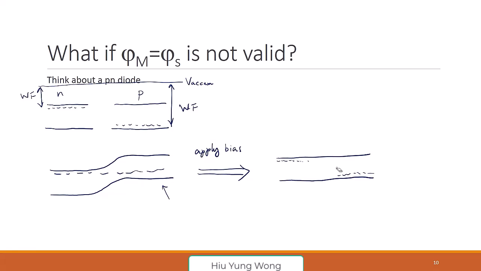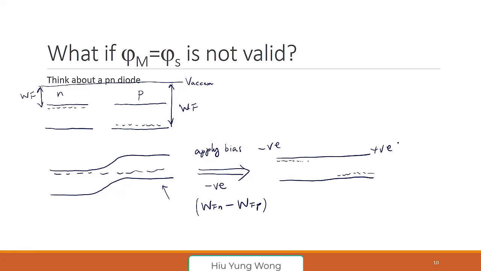But the main point is that I apply a bias of work function of n minus work function of p. Work function of n is small, work function of p is large, so this is a negative bias. I apply this, then I can make it flat band.